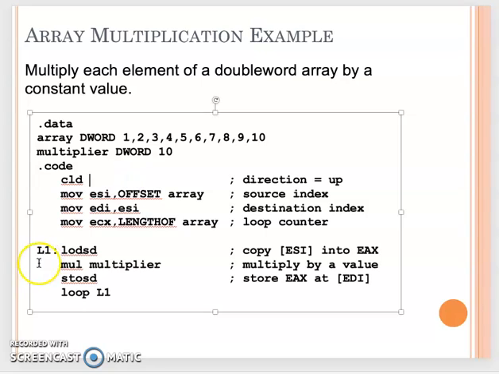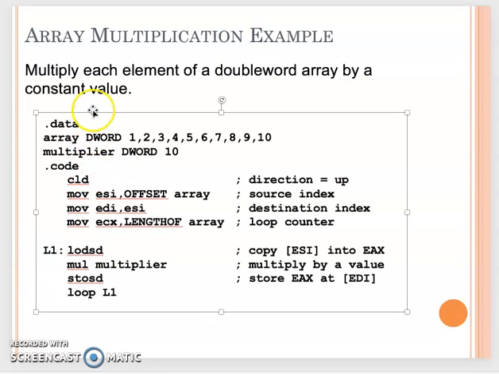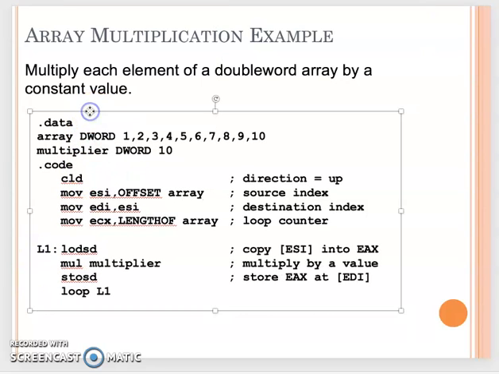Okay, that prepares our data. When we prepare our data, ESI points to the array. ESI is the source, loaded to EAX. Then I also still need EDI pointing to that array, so here ESI is moved to EDI. EDI is the destination, so I want to store the data from EAX to EDI.